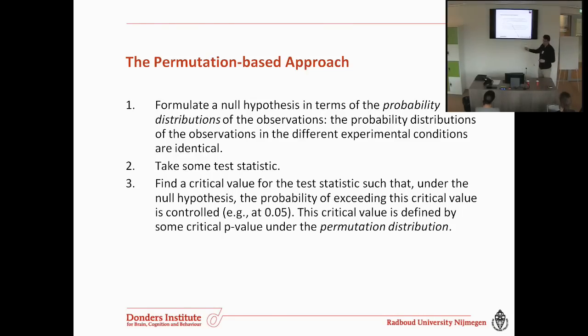Now, second step, we take some test statistic, and now there is no constraint about whatever test statistic you choose. It turns out that you can pick anything, but I will come to that later.